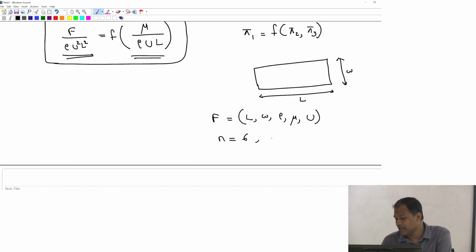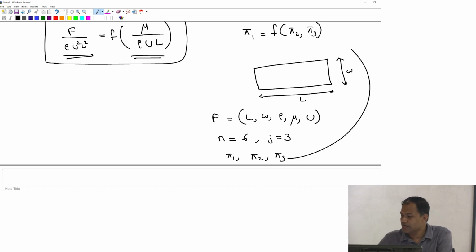But in this case again j is going to be 3, okay. So, you can expect to find 3 non-dimensional variables. Let us say you will find out them as pi 1, pi 2, pi 3. Then you can say that this is what the relationship is going to be, and so on.